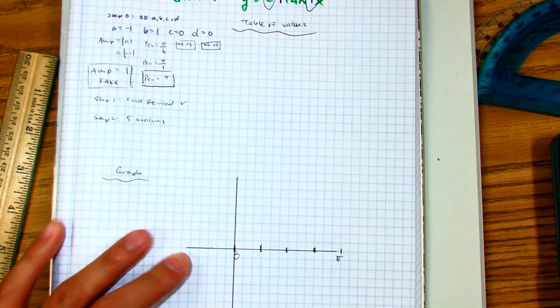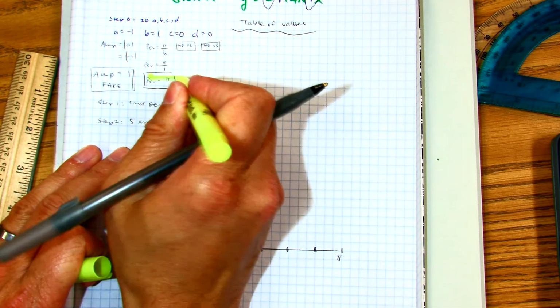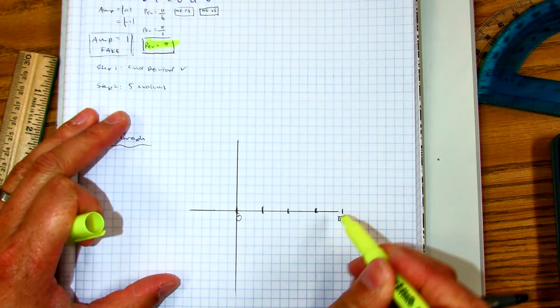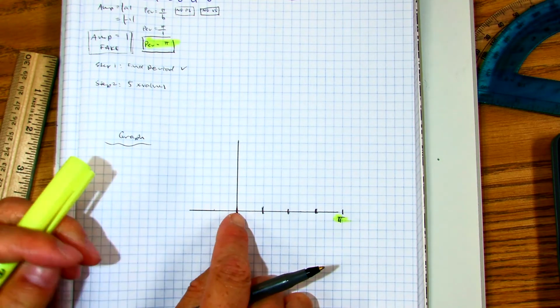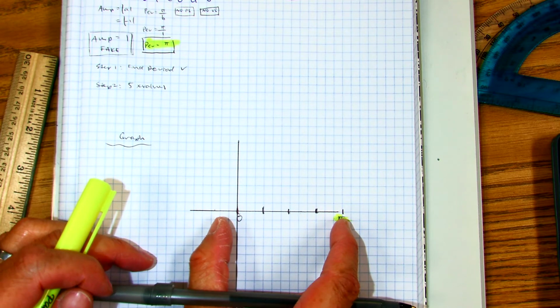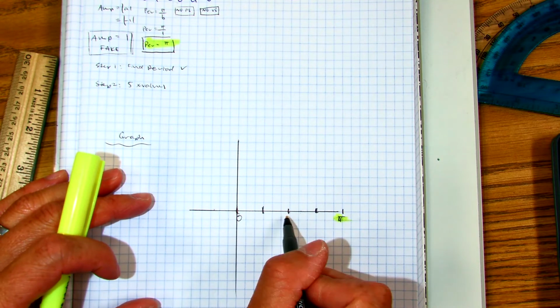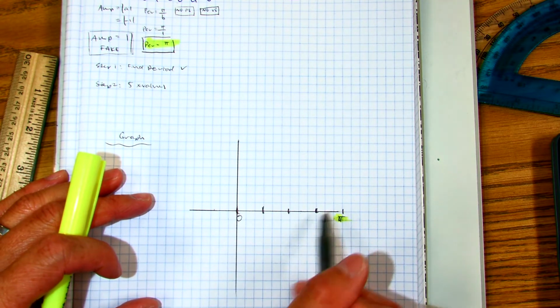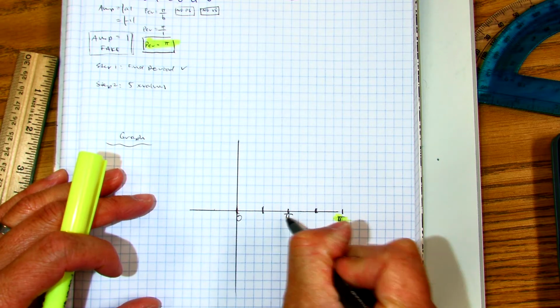Yeah, so remember, your period is going to go here. And because there is no phase shift, you're always starting at the origin. 0 and pi. Sarah R, if you divide that in 2, you add those two together and divide by 2, what do you get here? Pi and a half.